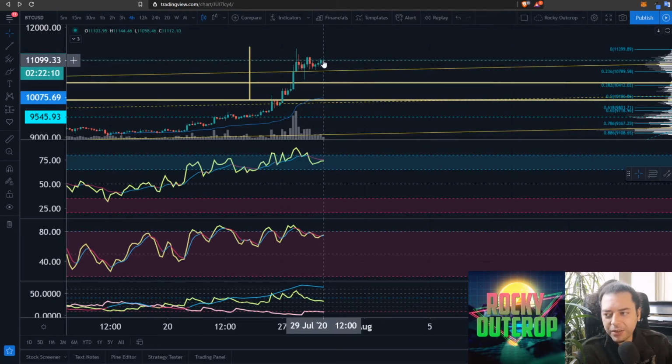We have this area on the right hand side. Again, we do this all the time on the channel, but it's always wise just to look for these types of ideas and think, could that possibly end up being a right hand side shoulder?